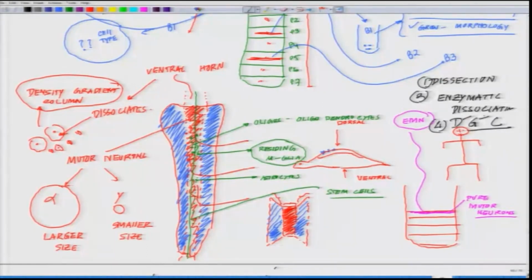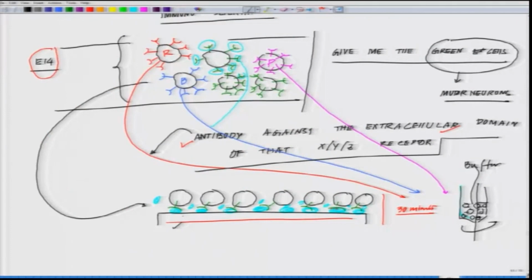D stands for density, G for gradient centrifugation. Then from there you can do immunoseparation. You see all these different steps by virtue of which you can get a very, very pure population of the cell of your choice. So, this is how you achieve this very interesting feat.